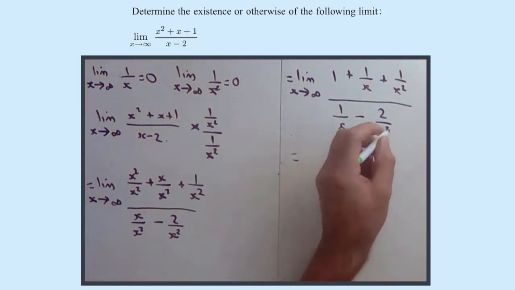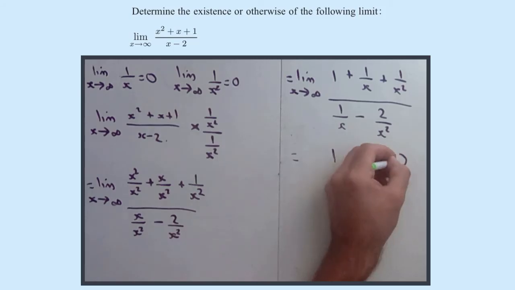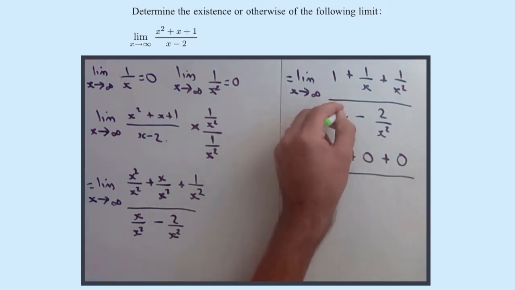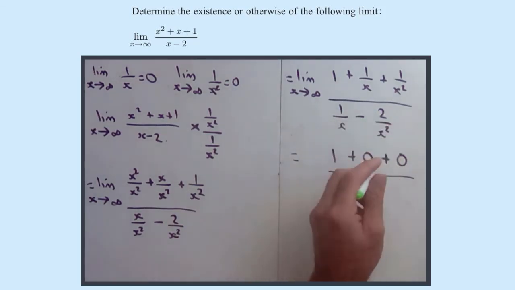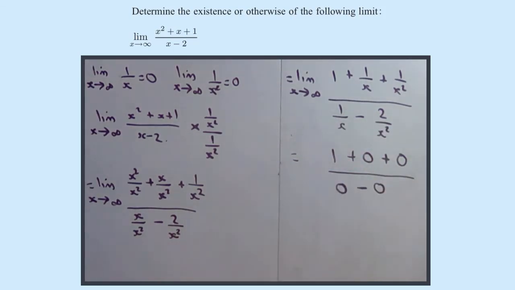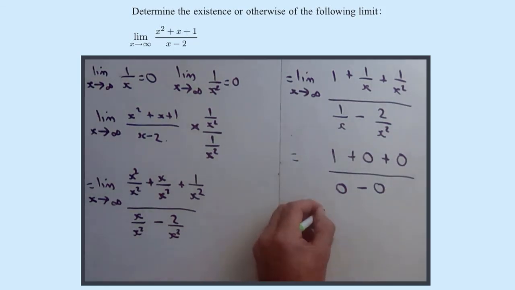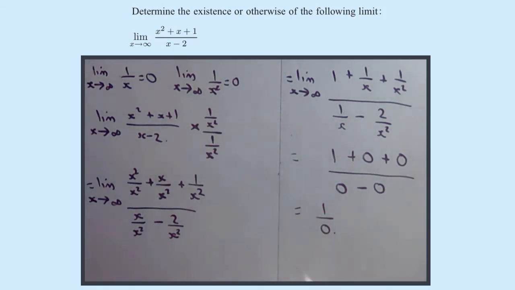The limit as x approaches infinity of 1 over x squared is 0, over, again, 1 over x, limit as x approaches infinity is 0. And this is definitely 0, minus 0. We've got 1 divided by 0, so it does not exist.